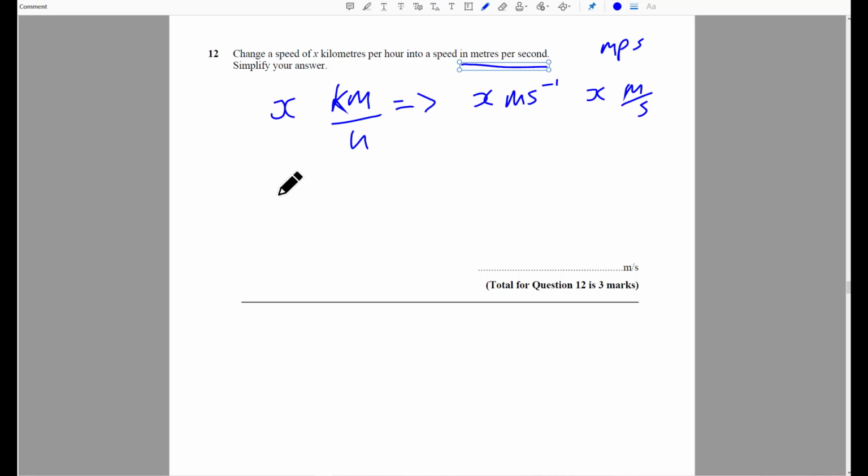So let's just think about it. That's kilometers, we want to turn it into meters. So how many meters in a kilometer? Well, it's 1,000. So you're going to x times 1,000, and hours to seconds. Well, 1 hour equals 60 times 60, because that's 60 minutes in an hour. 60 seconds makes a minute, so that's 3,600.